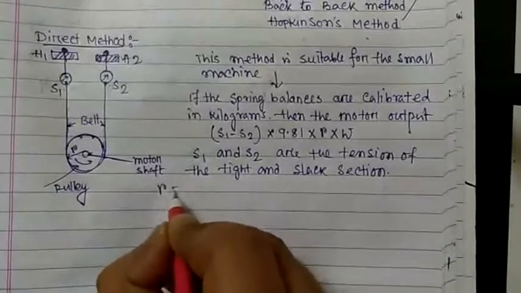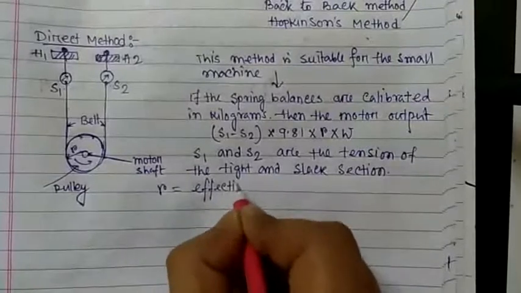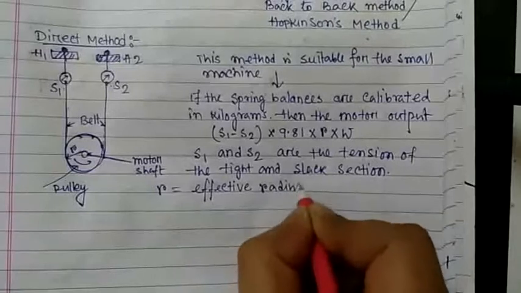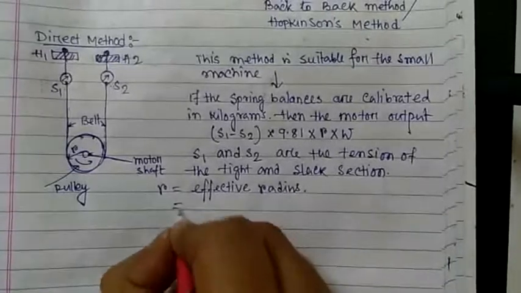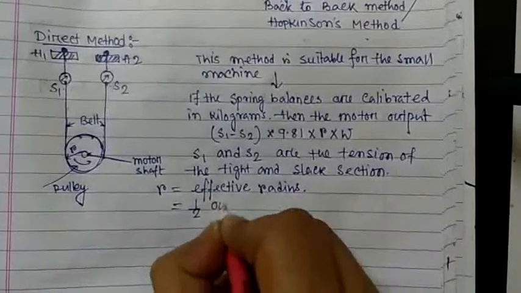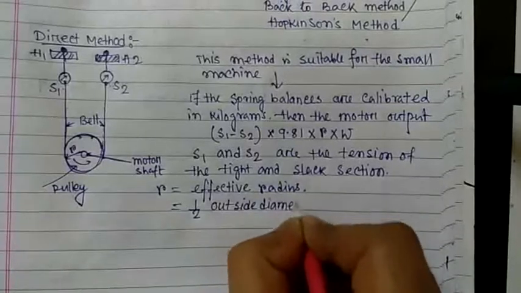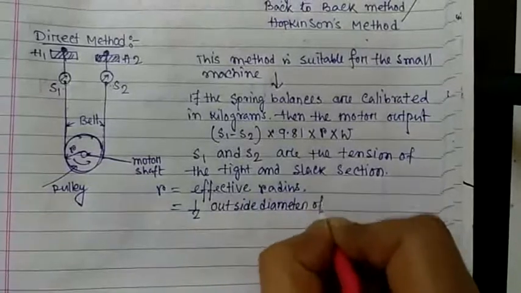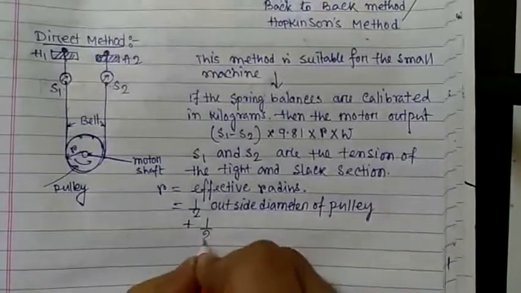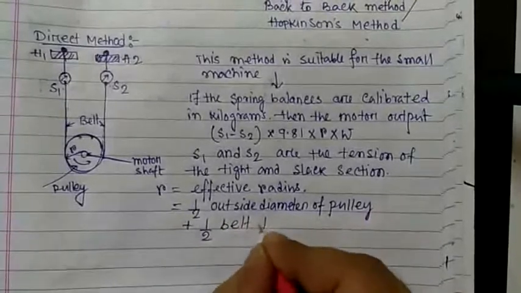R is the effective radius, that is equal to half of the outside diameter of the pulley plus half of the belt thickness.